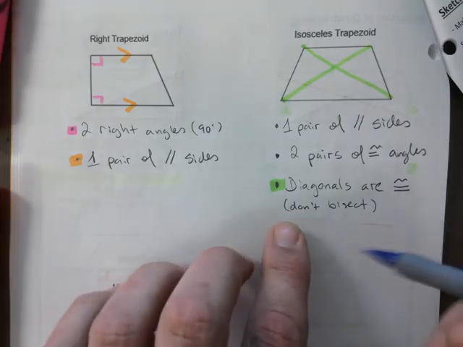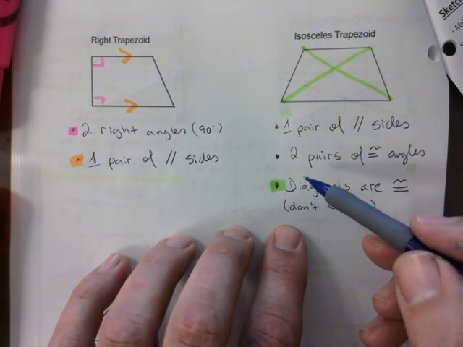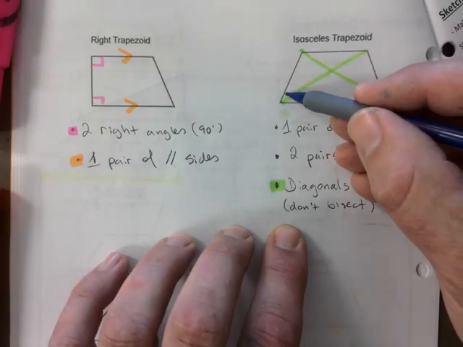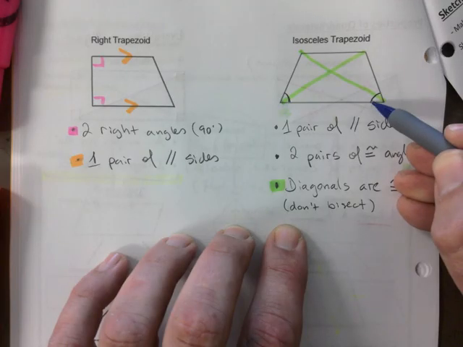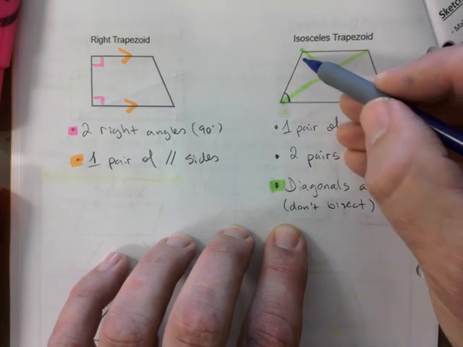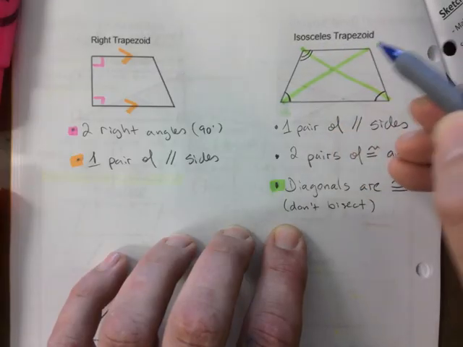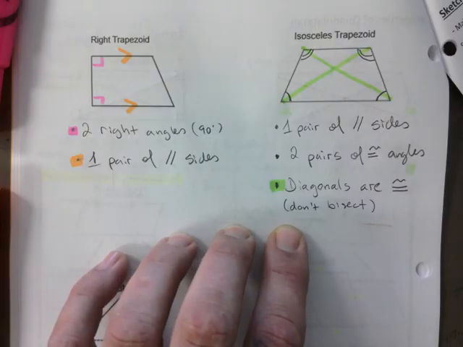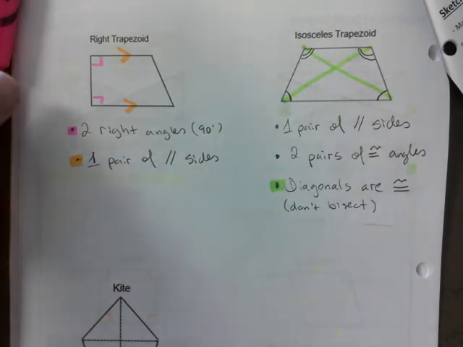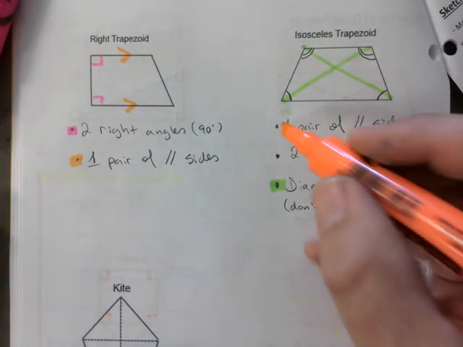And here's your angles. I'm not going to use a color for this, but we know that this angle at the base here is going to be the same as this one at the base over there. And the top ones here are also going to be the same. And the parallel sides, I'm going to use the same color.